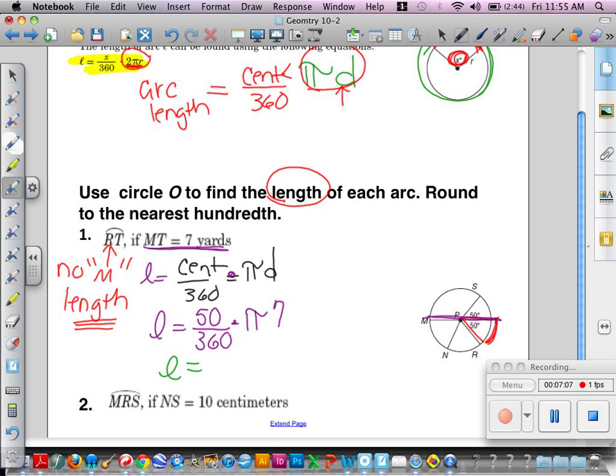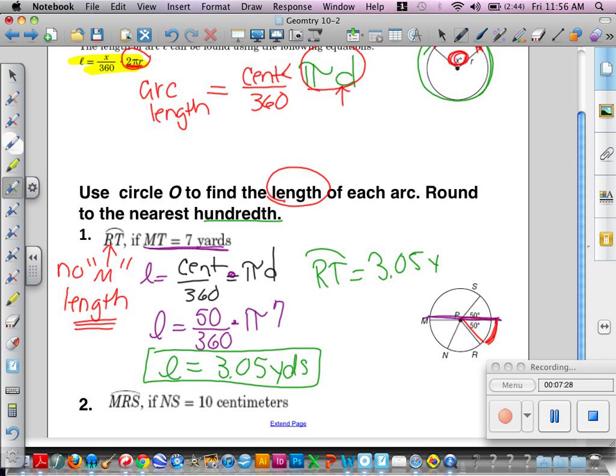That length, it says round to the hundredths, so it's 3.05. And don't forget your label. We were putting degrees when we had angles, and you need to do that. So this one is yards. I really should write RT. RT equals 3.05 yards. No M in front of there either.